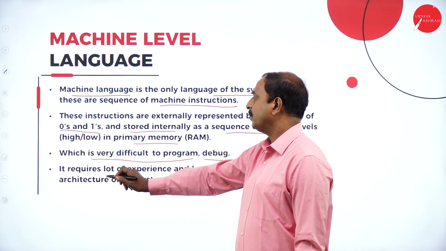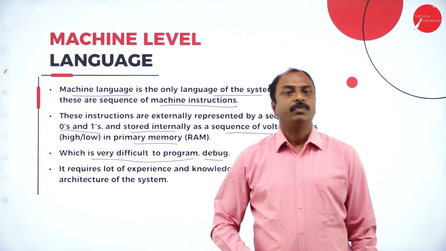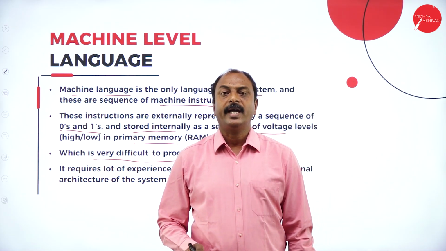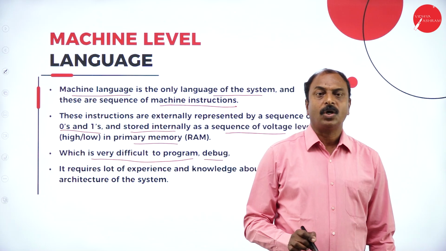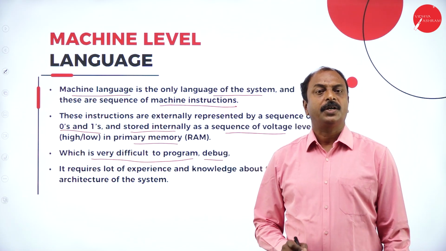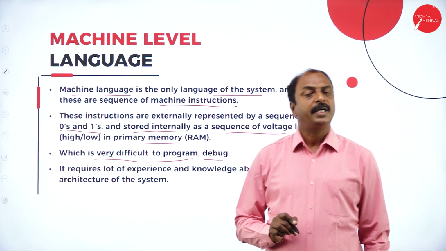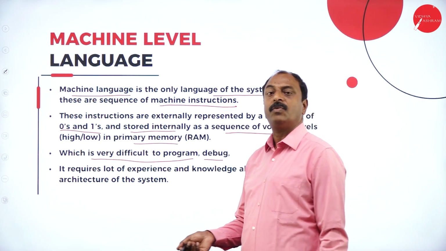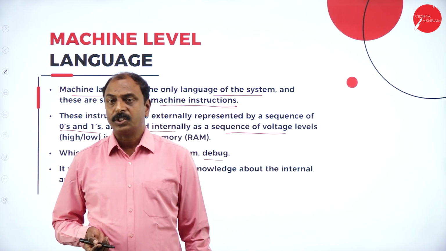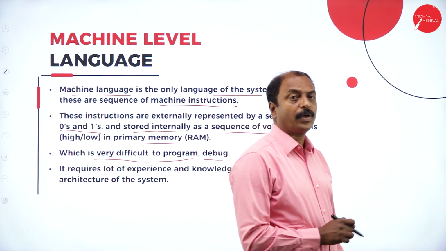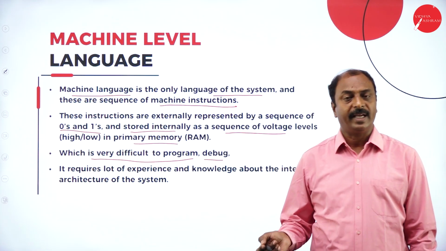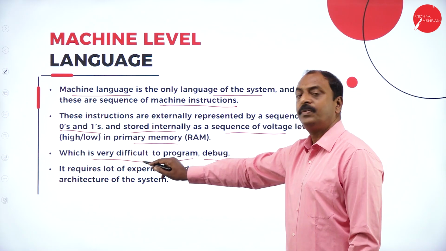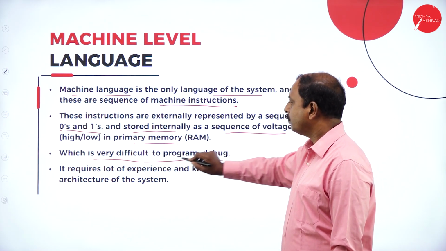First of all, the program will be very lengthy, and programming is very difficult because the programmer has to remember all the codes of different commands, characters, symbols, and so on. Because we are human beings, we have limited brain capacity. It is very difficult for us to remember all the codes of all the characters available in machine level language. That is the reason it is very difficult to learn, difficult to remember, and so very difficult to program.